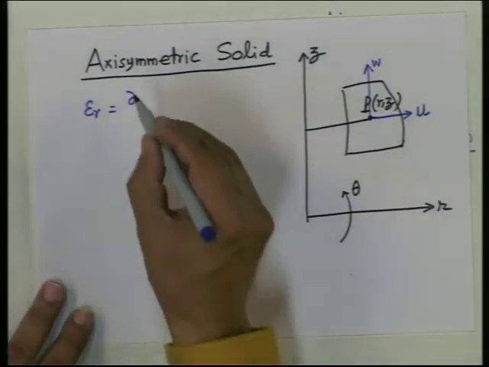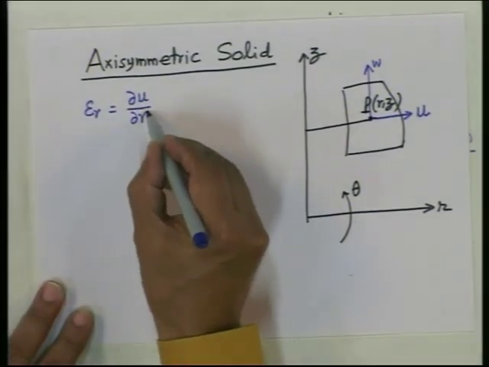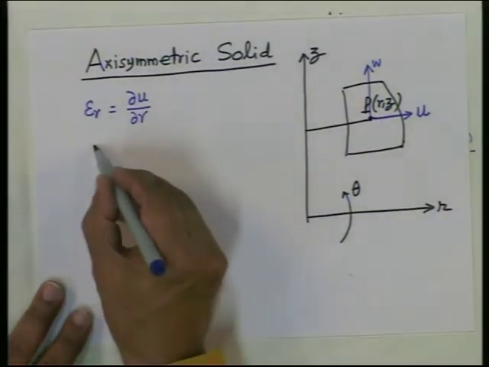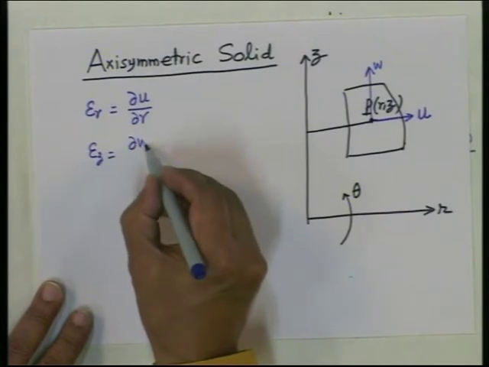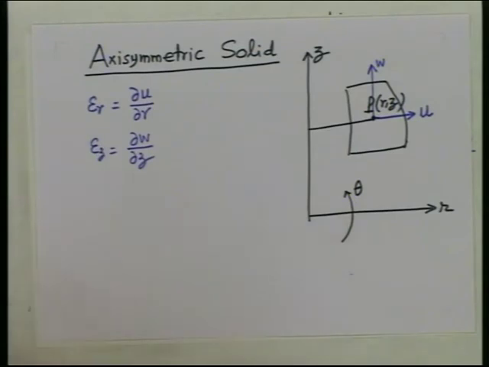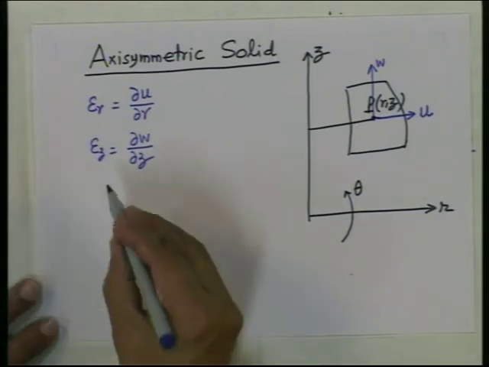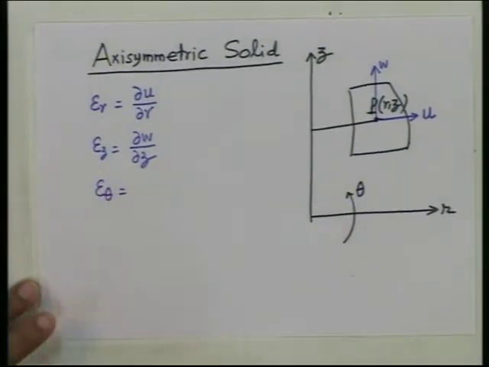So, every particle has got 2 degrees of freedom here, u and w, and from your strain displacement relation, epsilon r will be du by dr, and epsilon z will be equal to dw by dz. What are the other strain components? Epsilon theta, yes, epsilon theta will exist.